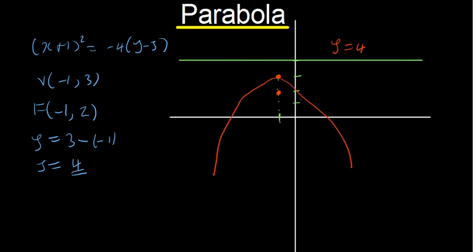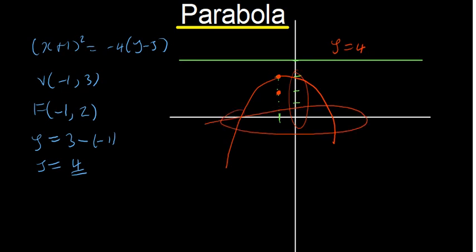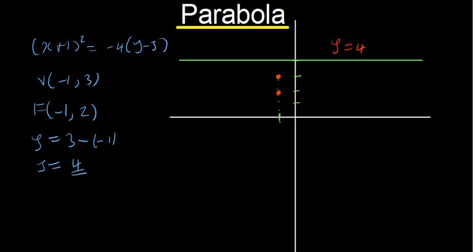But again, remember, you don't know exactly where you're supposed to cut the y-axis and the x-axis. So let me find the first part. On the y-axis, x is 0 for all values, so I'm going to set my x to be equal to 0.